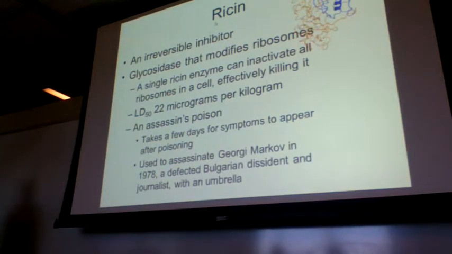So ricin is a glycosidase that modifies the ribosome. So this poison is actually another enzyme. And so if it's a glycosidase, what is it doing? Okay, so cutting. You've seen other sidases like this before. What kind of enzyme is that usually?